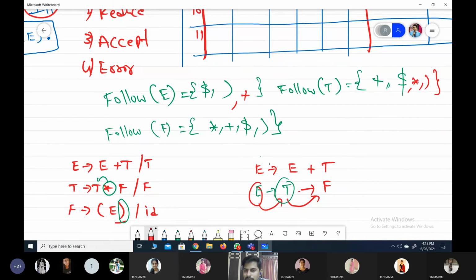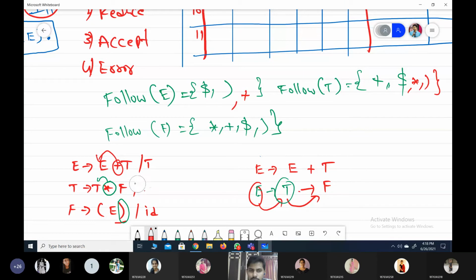To cross check immediate follow symbols, those terminals that are immediately followed are to be added to follow of E. Plus is followed after the E, so plus is added to the follow of E. Like that we have to add these symbols.